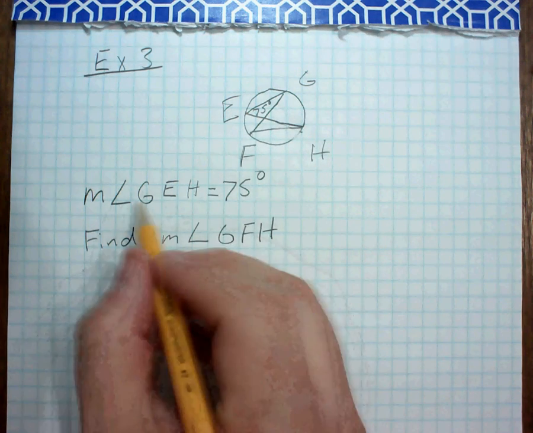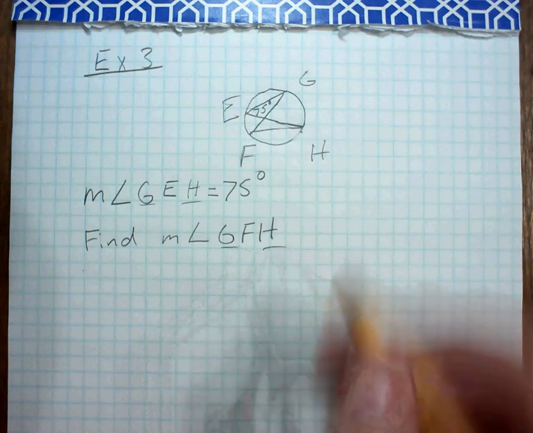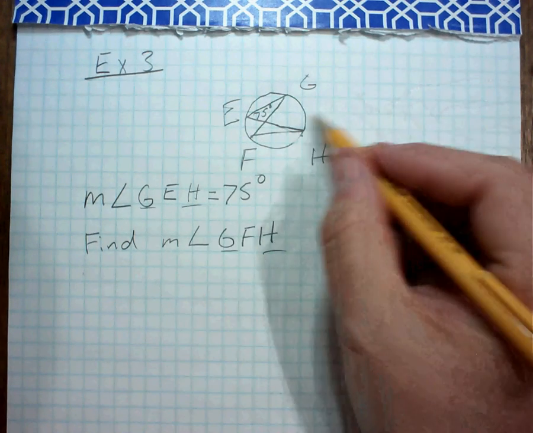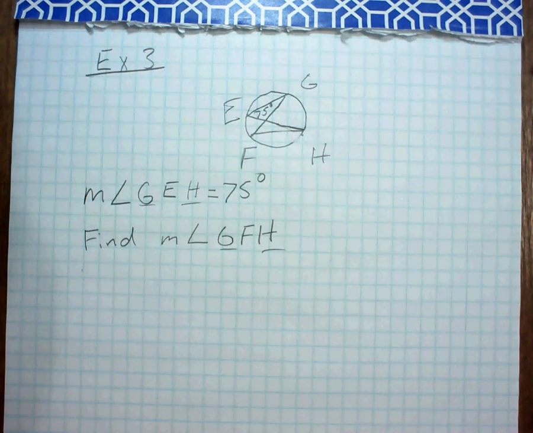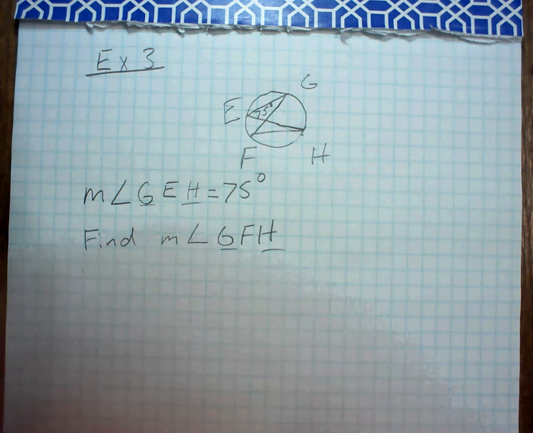Well, because G and H is the subtended arc, or the intercepted arc, I probably should have mentioned that at the very beginning, but I can mention it now.